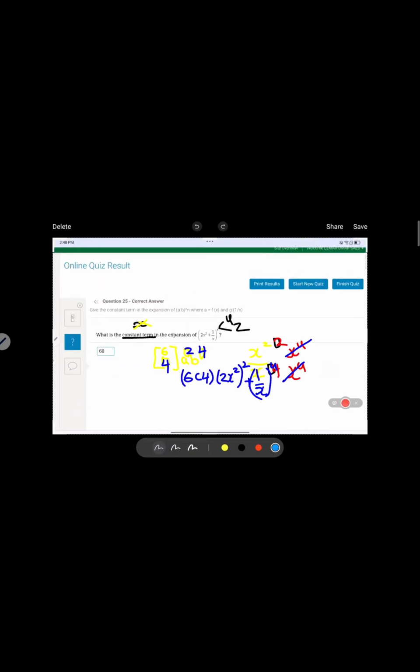Now this is how you put on the calculator. 6 c4, and then 4, because 2 to the power of 2 is 4, and then 1 to the power of 4 is 1. Yeah. So 6 combination 4, 15, then times 4 equals 60. And that's how you get your answer.